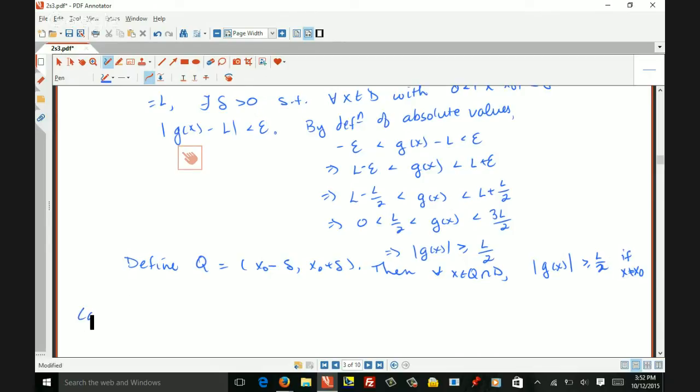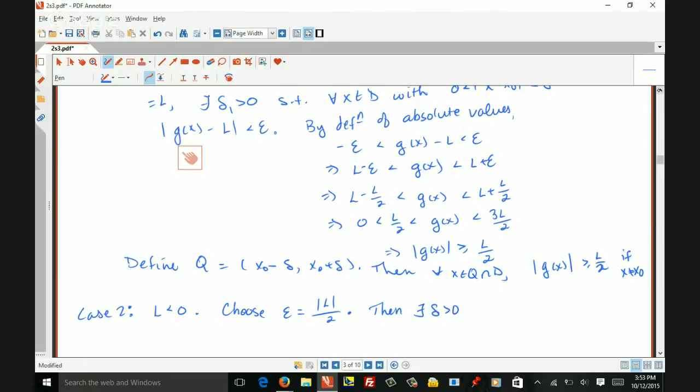Now let's look at case 2. This would be L is less than 0. So we're going to choose epsilon to be equal to the absolute value of L over 2. Then there exists a delta. This up here should be a delta 1 now because I've got a delta 2.